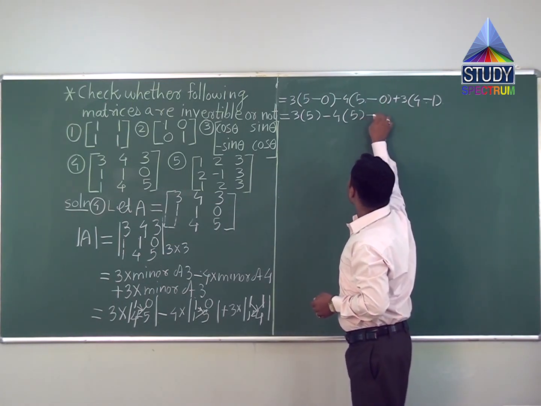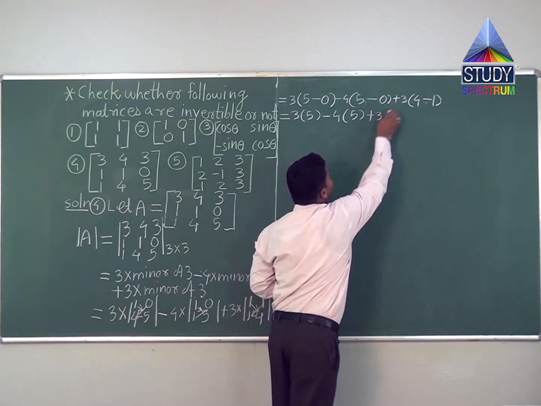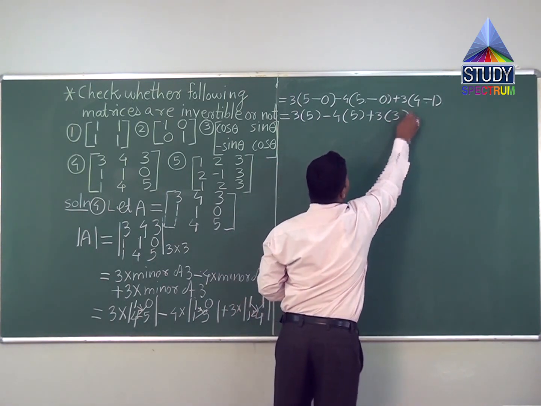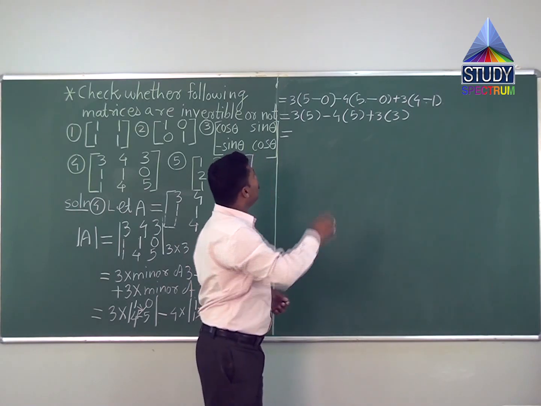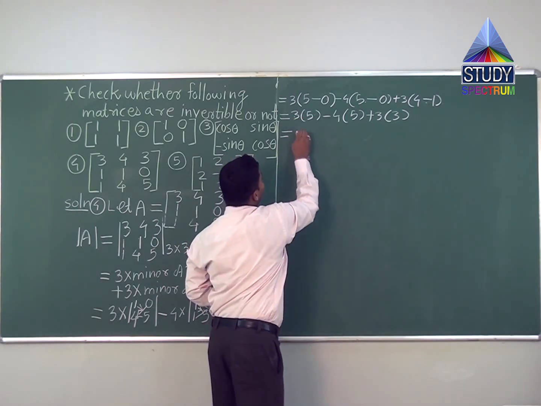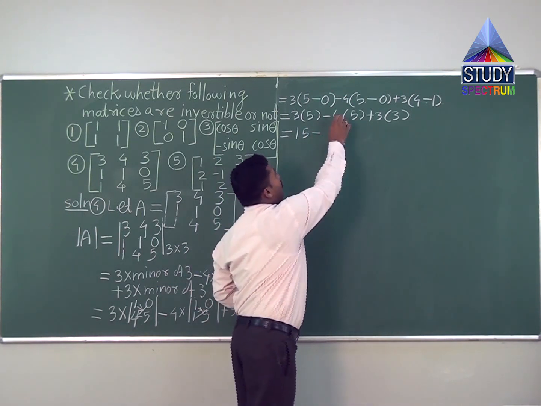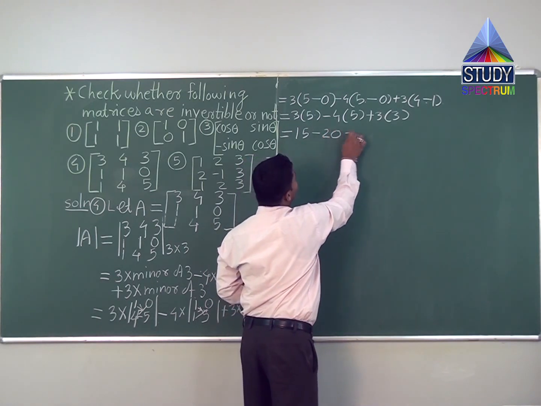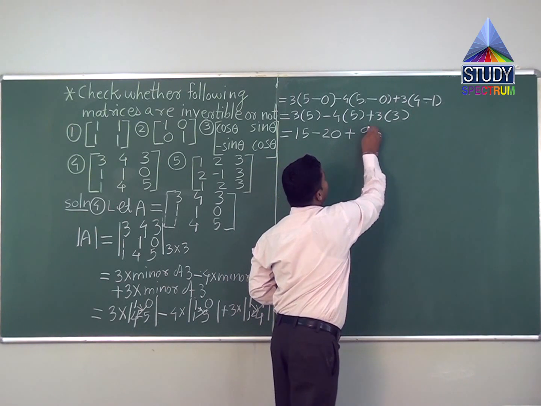plus 3 into bracket 4 minus 1. Equal to 3 into 5, 15, minus 4 into 5, 20, plus 3 into 3, 9.